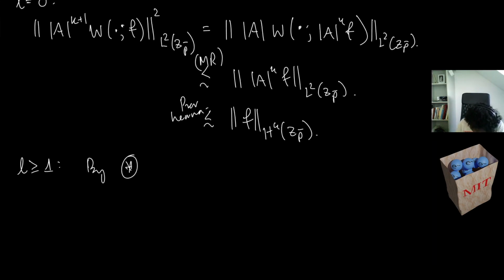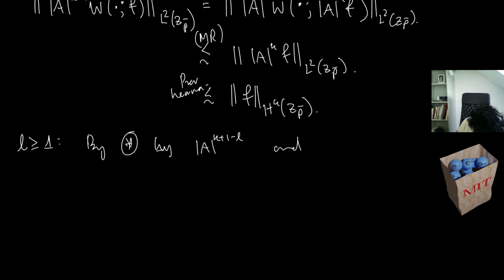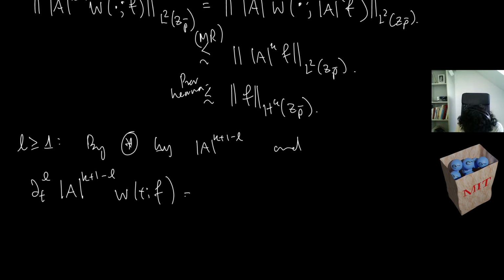So we multiply this by modulus A to the k plus 1 minus L, okay? And then what do we find? So we find partial t to the L modulus A to the k plus 1 minus L w, t, f, and that's going to be what?